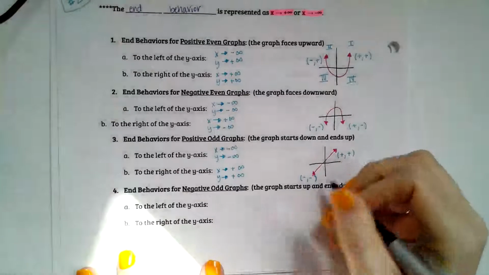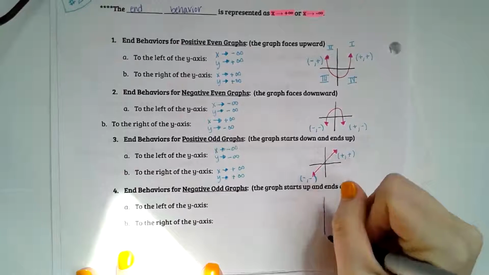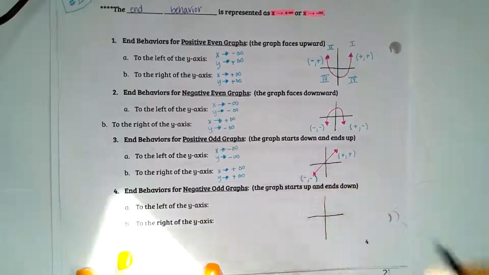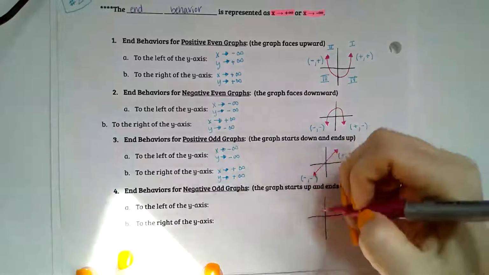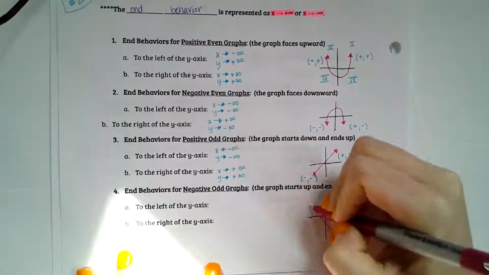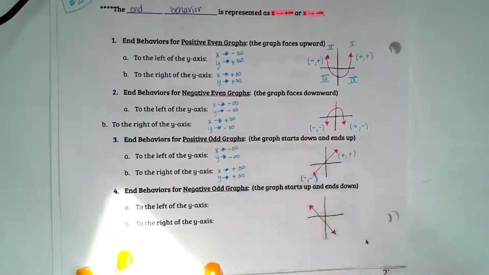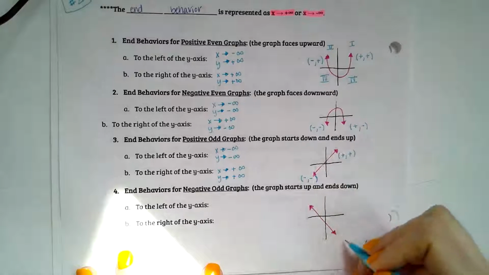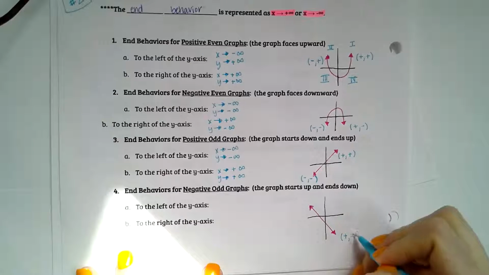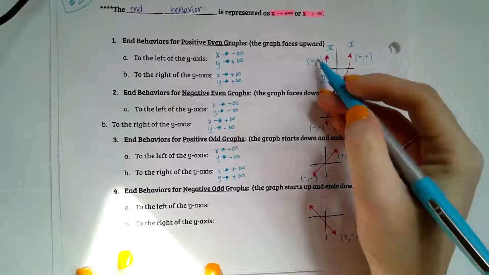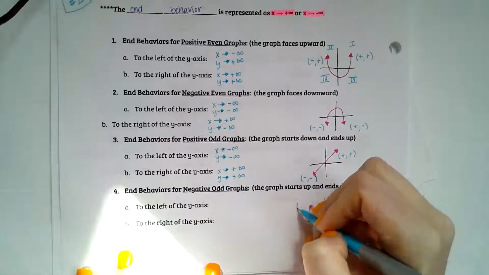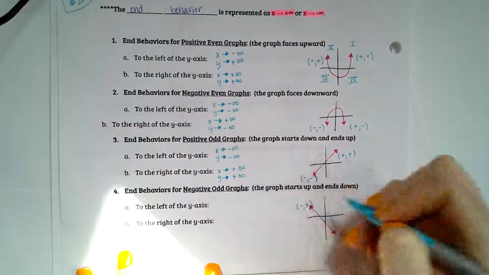So now, last one. Now it starts up and goes down, so like this. This side matches this one, so the plus minus. And this one matches up here, so the minus plus.